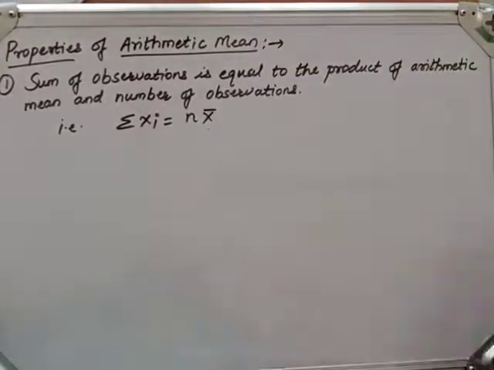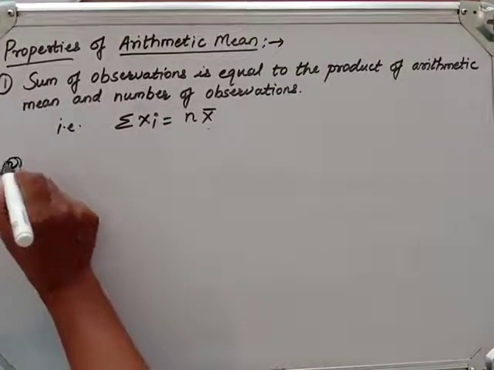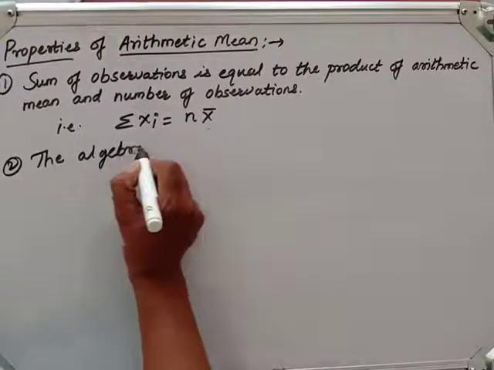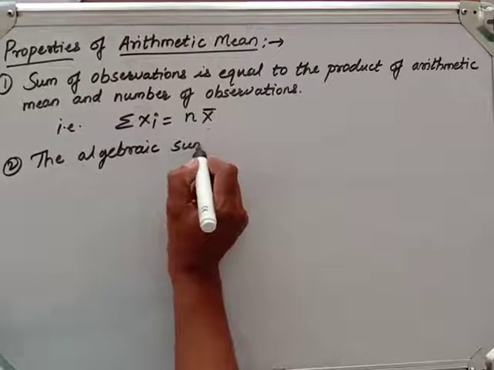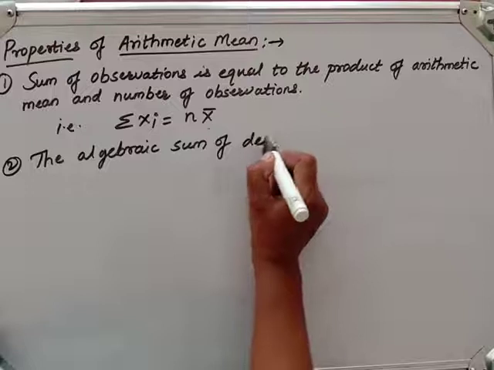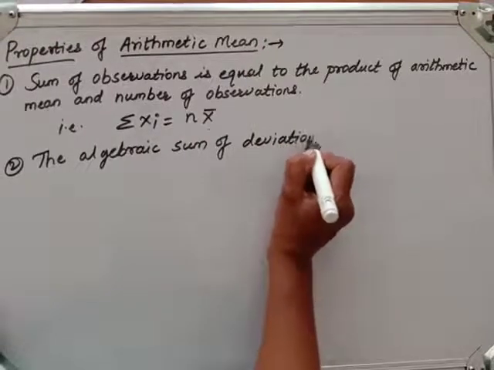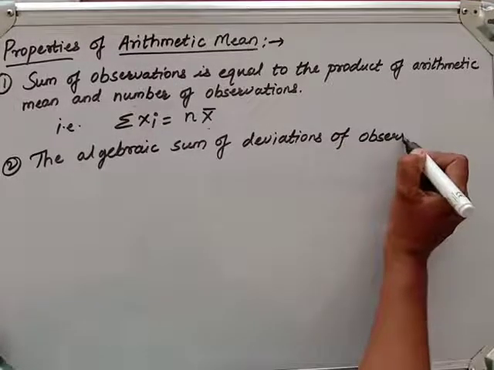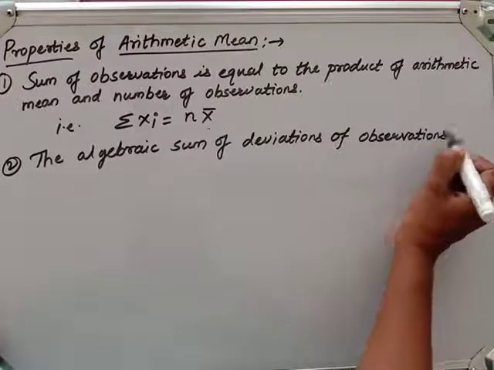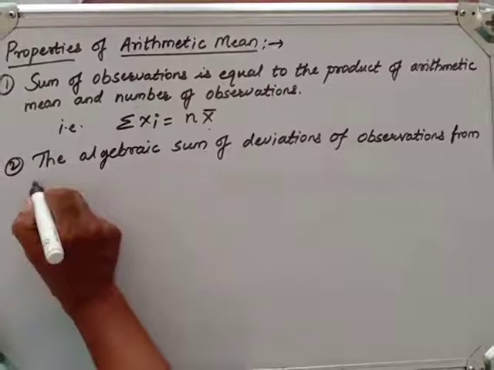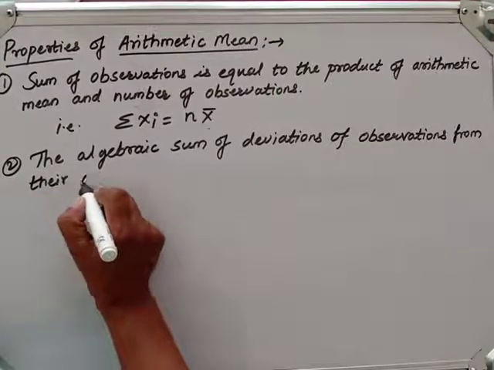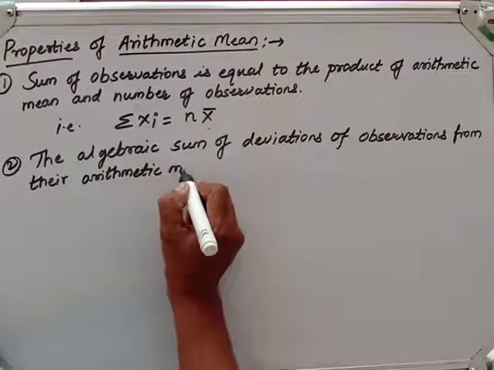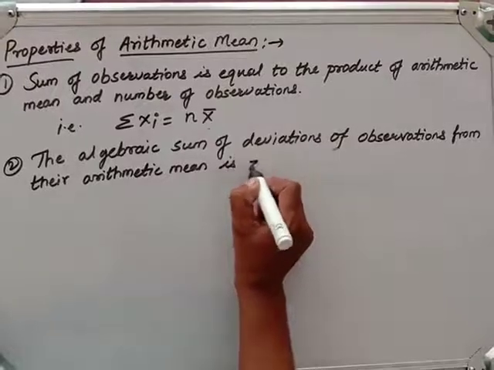Now the second property is that the algebraic sum of deviations of observations from their arithmetic mean is 0.